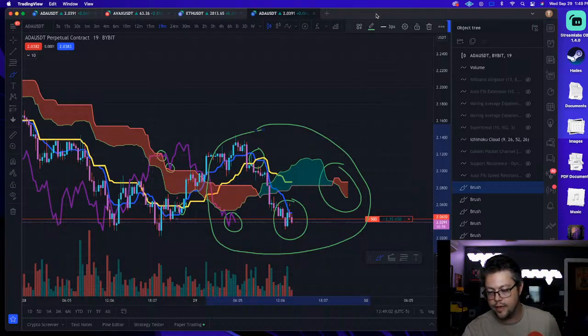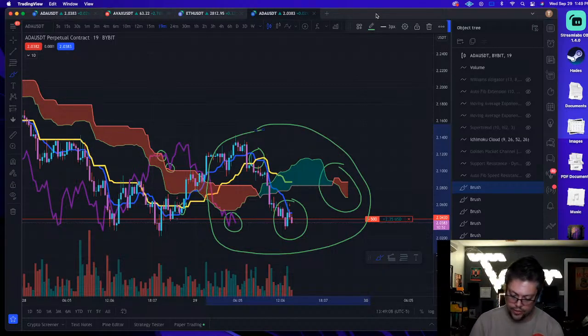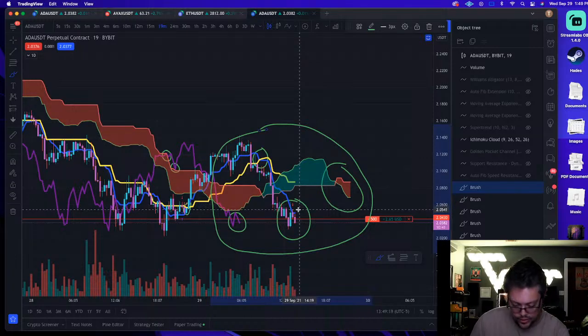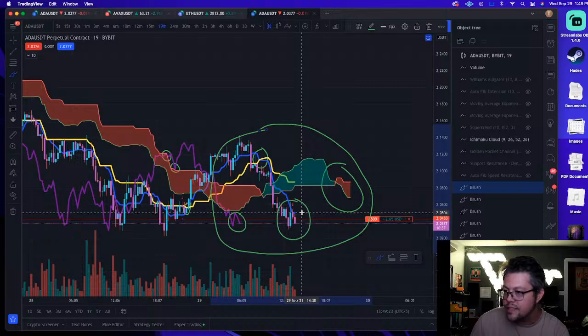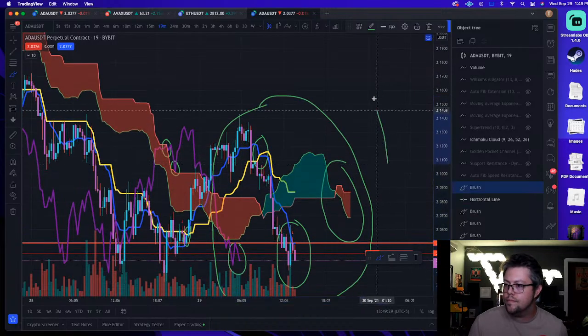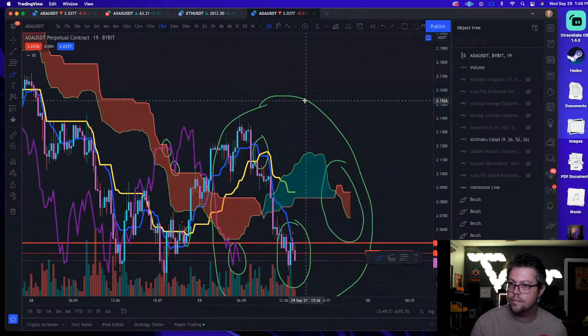So I can't really answer any questions about that per se, but that short, I entered at 205, which was right here. Looks like 205 exactly. So not a fantastic entry so far, but let's take a look.